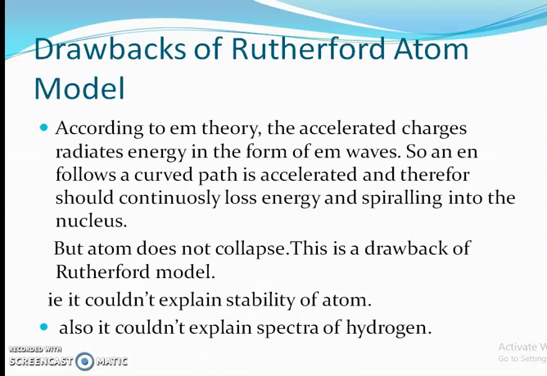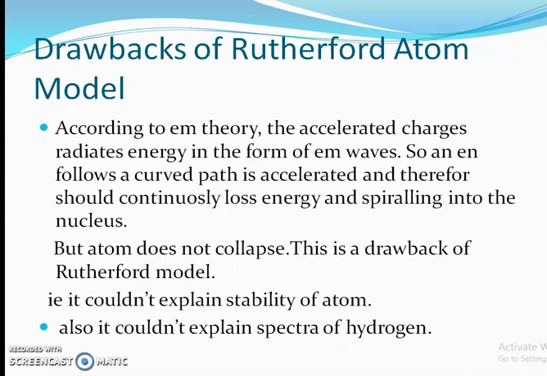Now the drawbacks of the Rutherford atom model. According to electromagnetic theory, any accelerated charge must radiate energy in the form of electromagnetic waves. So an electron following a curved path is accelerated and therefore should continuously lose energy, spiraling into the nucleus. There is a famous classical electromagnetic theory, according to which any accelerated charge radiates energy.